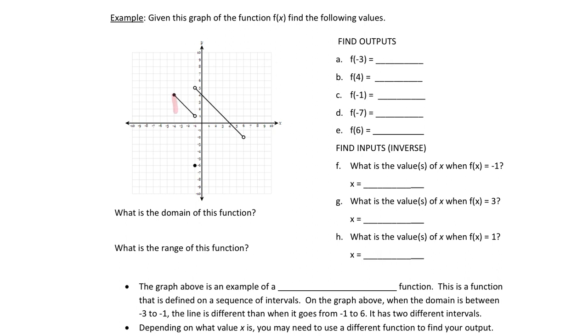So we've seen this before where we can see that our x values start here and our x values end over here. And because we've got this point, it does fill in that one little spot, so we're okay. All of my x values, and remember that's your domain, go from -4 to +6.